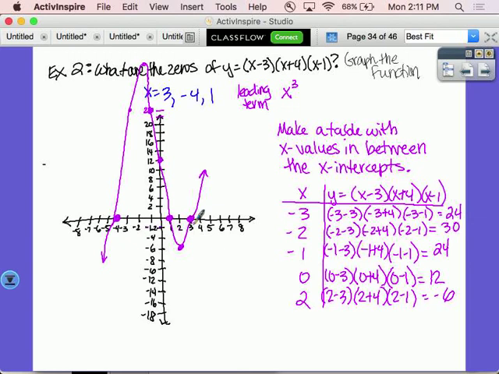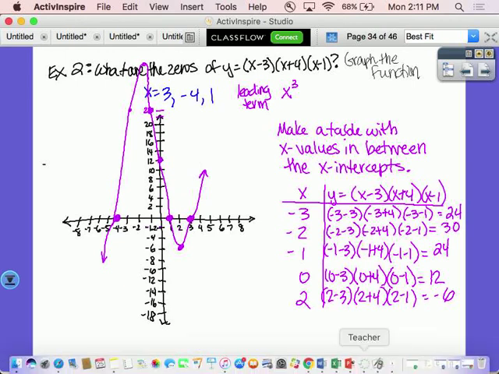So, reviewing what we did, we found the zeros, which are x-intercepts. We plotted points in between. We found x values in between the x-intercepts, found their y values, and plotted those points and connected them. And then we used our leading term to determine the end behavior. What questions do you have?